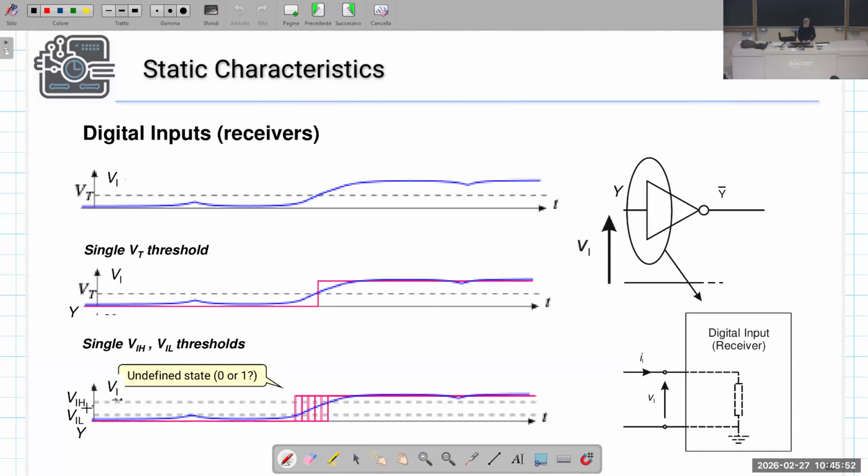In the real world, when we have a real gate, we have two different thresholds, VIL and VIH. Only when the signal is below VIL can the logical value be considered 0, and only when it is above VIH can it be considered 1. When it is in between, this is an undefined gray region in which the digital behavior is unpredictable.